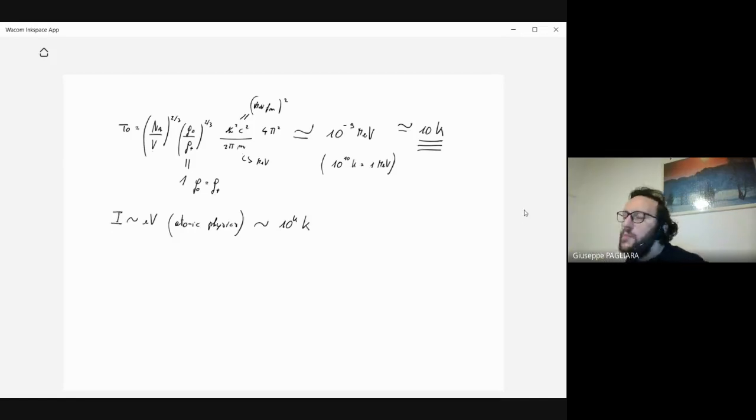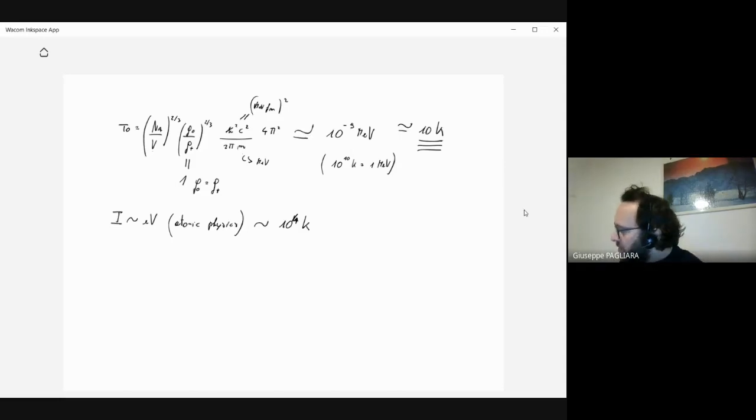Because 1 MeV is 10 to 10, I divide by 6 orders of magnitude, and therefore 10 to 4 Kelvin is the factor, so the temperature corresponding more or less to the ionization energy, which will be of the order of the electron volt.